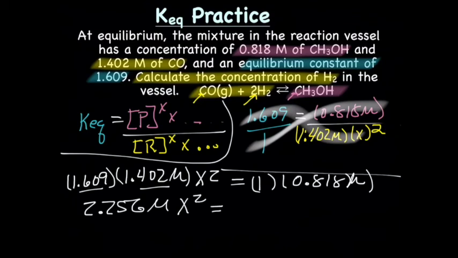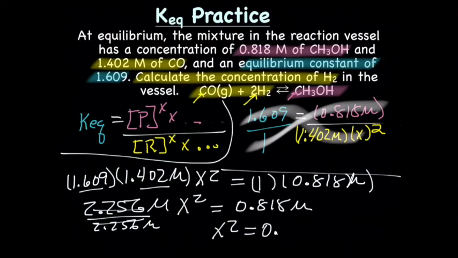X squared, sorry. And on the right side, we're going to have 0.818. Okay. Now, to get the X by itself, we're going to divide both sides by 2.256. And that gives us 0.363, because we had 3 sig figs here.